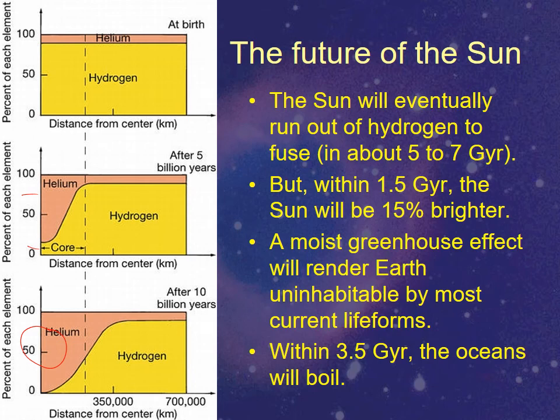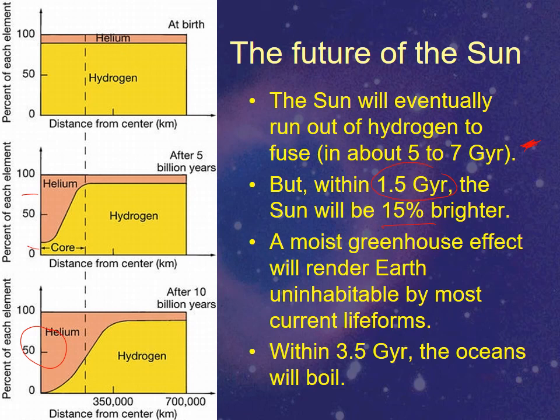Well, in that case, the hydrogen fusion will stop. Long before then, though, Earth is dead. Because in 5 to 7 billion years, we will run out of hydrogen and the sun will start to burn out, but in only about 1.5 billion years, the sun's going to be already 15% brighter than it currently is.